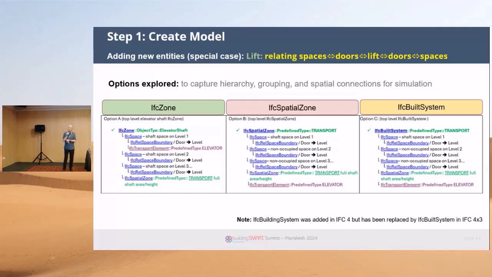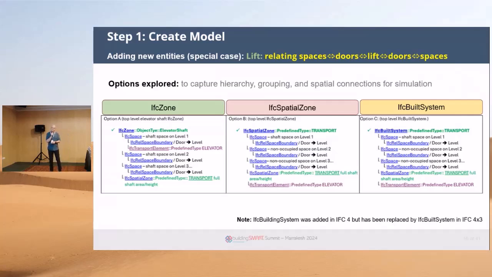There's a spatial zone, which was more recently added, which has a predefined type of transport, and there's also a built system, which has a predefined type transport. All 3 of those can be used to combine spaces and elements in a single group system.